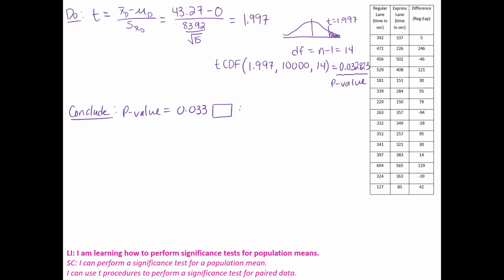My alpha was 0.05. And then I need to decide which one is greater than or less than. In this case, it looks like we are less than. And when we have a small p-value, we reject the null hypothesis. So in this case, we reject H naught, that the mean difference equals 0.